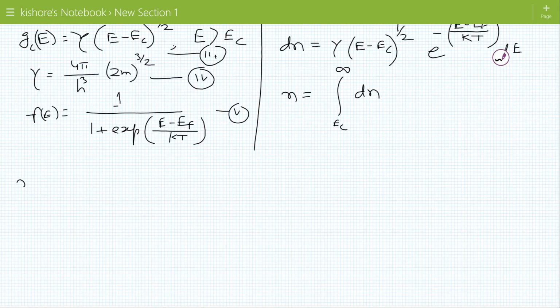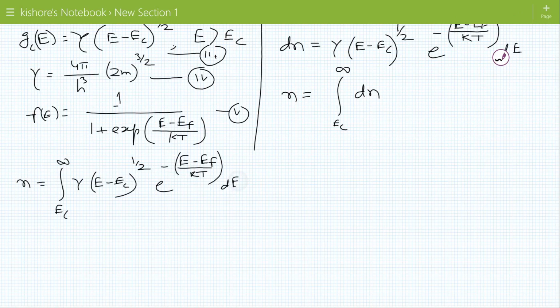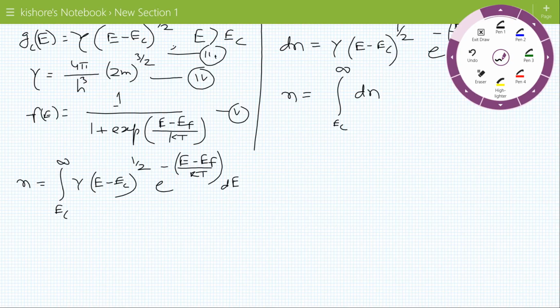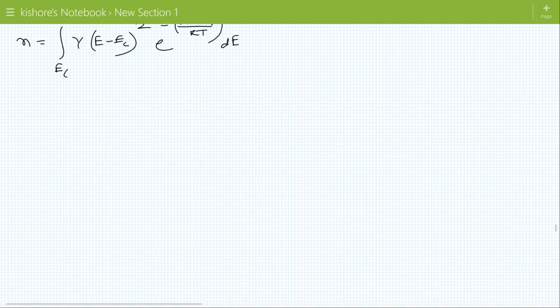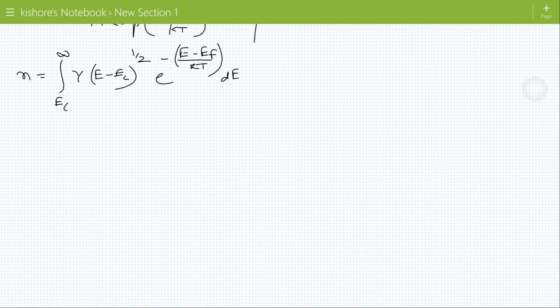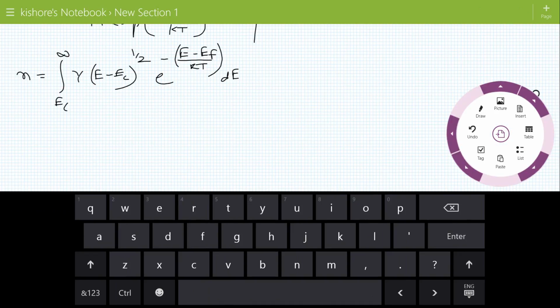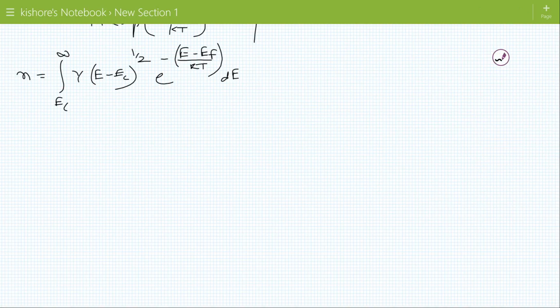N is integration of gamma (E minus EC) to the power 1 by 2 e to the power minus (E minus EF) by kT from EC to infinite.